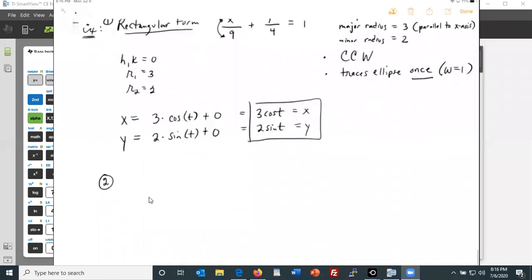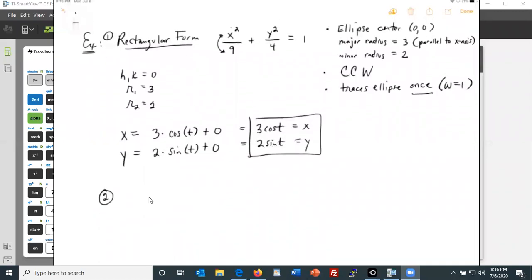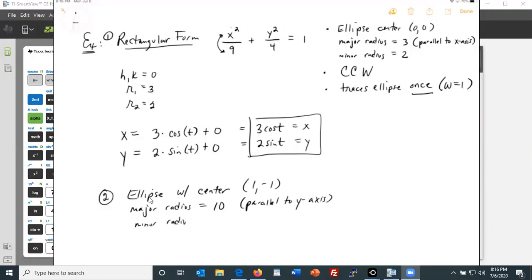All right, example number 2. Let's say we have an ellipse with center at, let's say, 1, -1. Let's say its major radius is 10, and it's parallel to the y-axis. And then the minor radius, let's say, is 2.